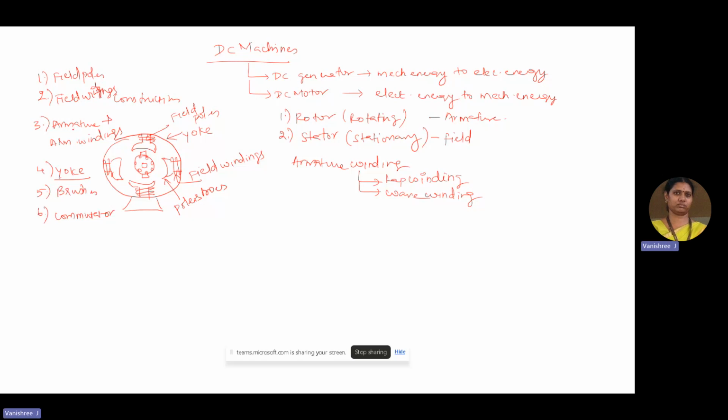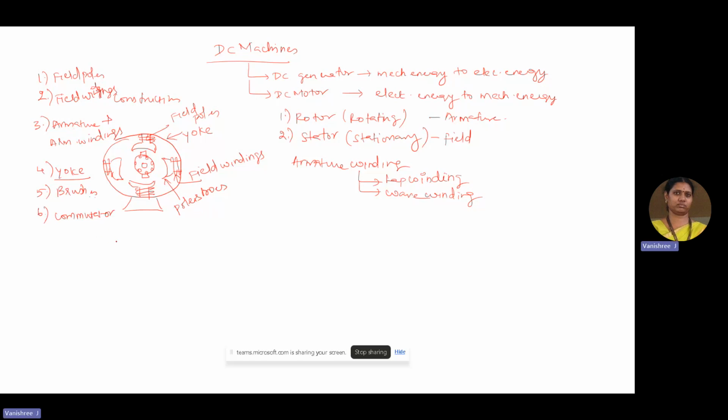As it is rotating in the magnetic field, it cuts the magnetic lines of force, thereby resulting in a dynamically induced EMF. And brushes are those which slide along the conductors, and they are situated along with the commutator. The commutator is responsible for converting the AC current into DC current, and it provides it to the brushes, which convey the current into the external load circuit. So that's it regarding the construction.